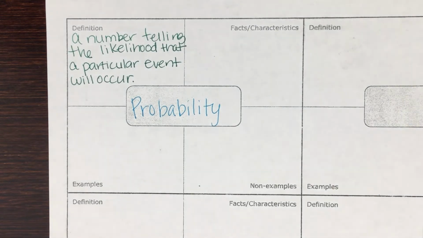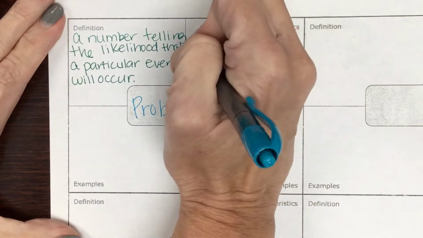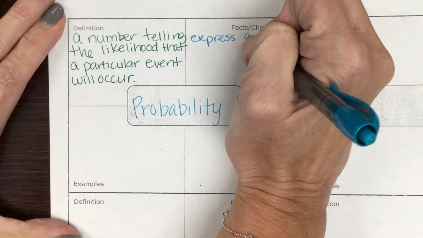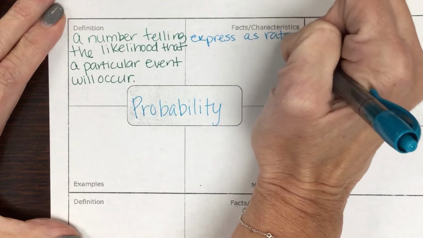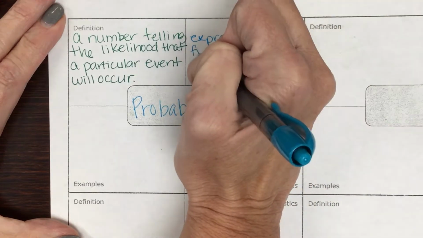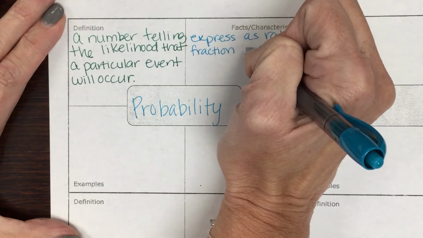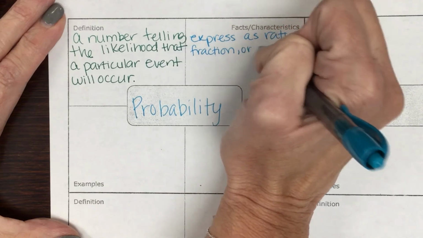All right, facts and characteristics, you can express it. You can express probability as a ratio, fraction, or percent.